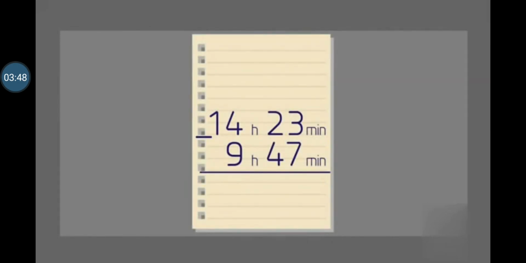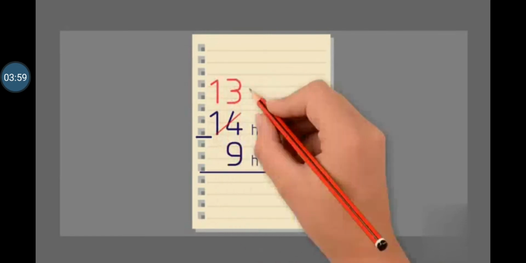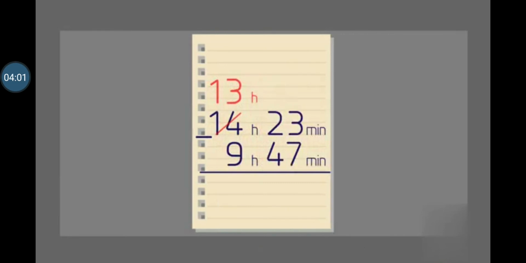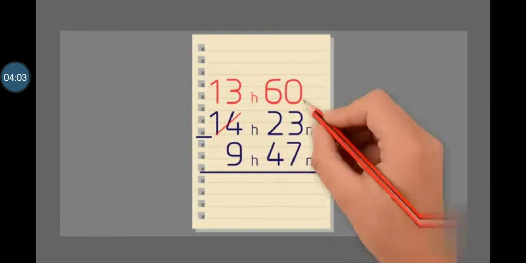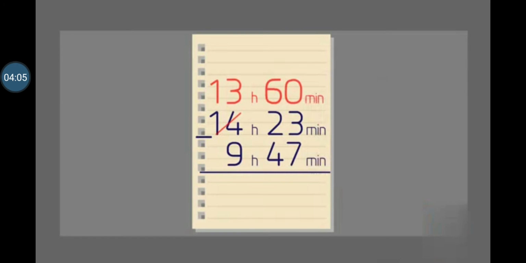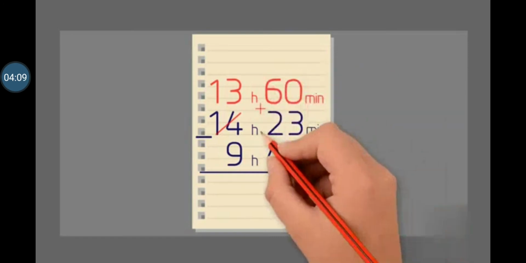Now the next example is 14 hours 23 minutes minus 9 hours and 47 minutes. Here you can see that the minutes up are smaller and the minutes down are larger. If we have like this, then we have to borrow 1 hour and we have to give that hour to the minutes. And we know in 1 hour we have 60 minutes.